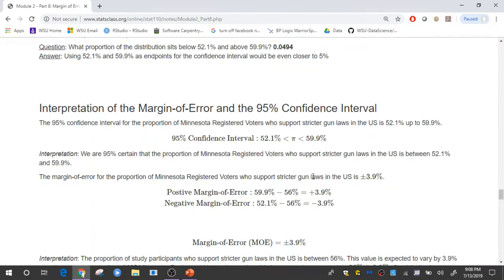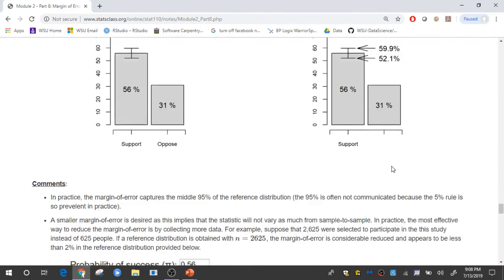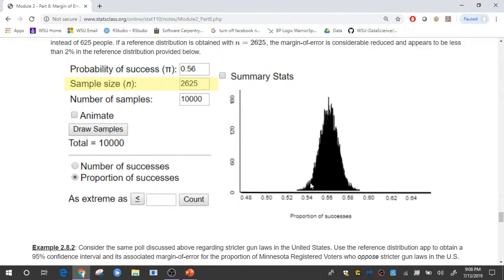So my confidence interval here is pretty close to 52 to 60. But if I had 2,625 people, it looks like the confidence interval would certainly not go below 54% and would not likely go above about 58%. So that confidence interval is much, much tighter when I have lots and lots of people in my survey. And as a result, the margin of error is going to go down as well.